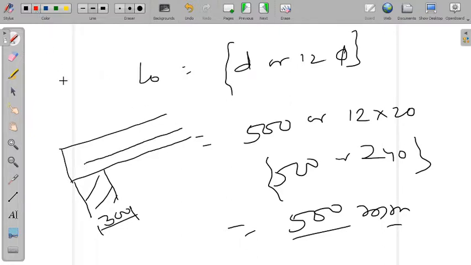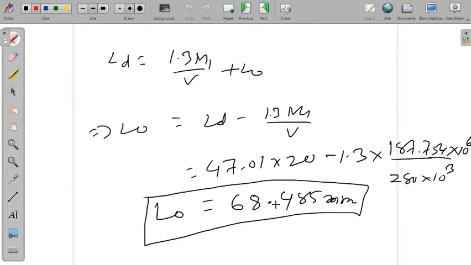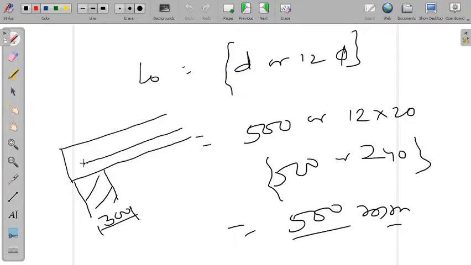Now beyond this support we have to provide a minimum L0 as per our calculation, which is 68.485 mm. Beyond this I have 150 mm. So if the clear cover is 50 mm, then I can provide another 100 mm here. So up to this I can extend, and that satisfies my L0 criteria.